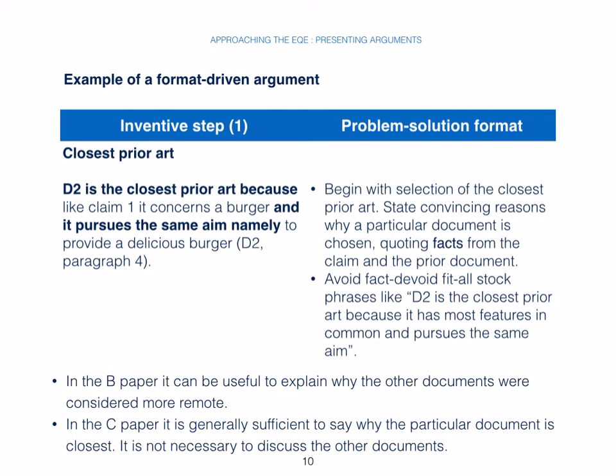Now, I'll dwell on this point a little bit because in the examiner's report, they criticize year in, year out the arguments given for the selection of the closest prior art. The standard phrases such as D2 is the closest prior art because it has the most features in common and pursues the same aim correspond to statements from the case law which you can equate with legal provisions, and you have to provide the facts which justify this legal provision.